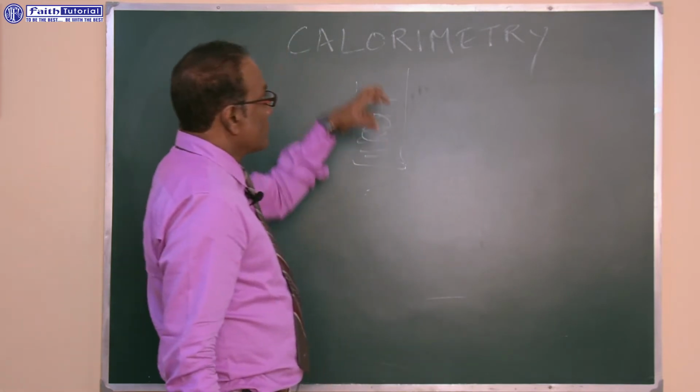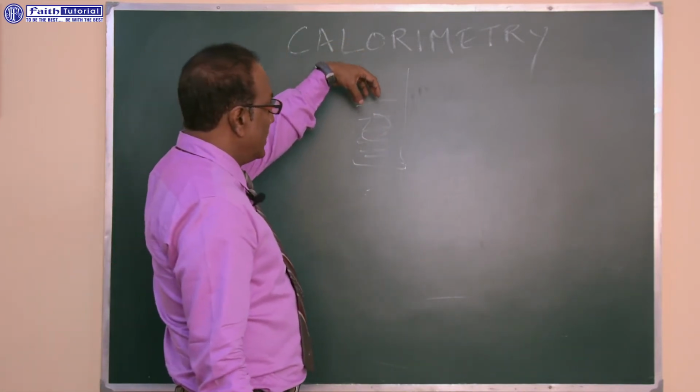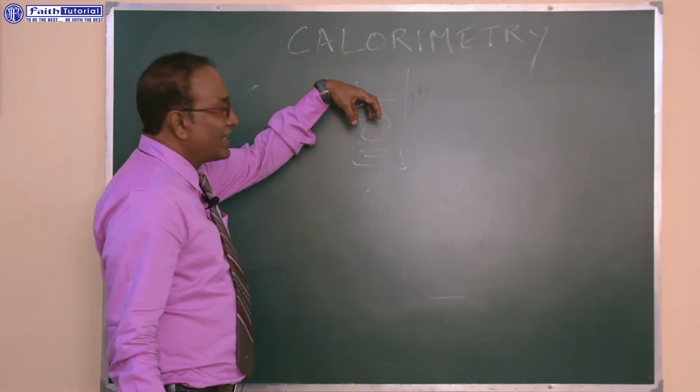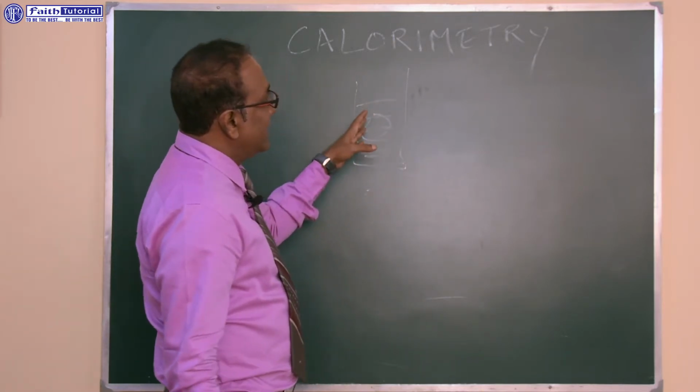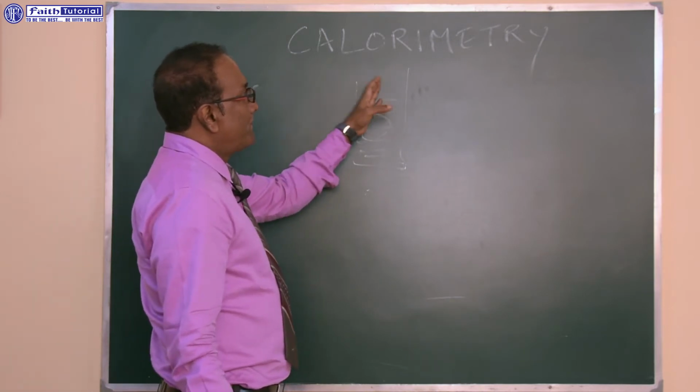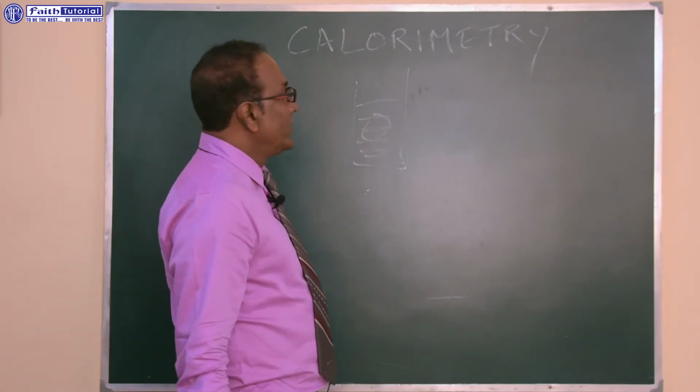I'll repeat it once more. Whenever a hot body is immersed into a calorimeter containing water, the heat lost by the hot body equals the heat absorbed by the cold water plus the heat absorbed by the copper calorimeter.